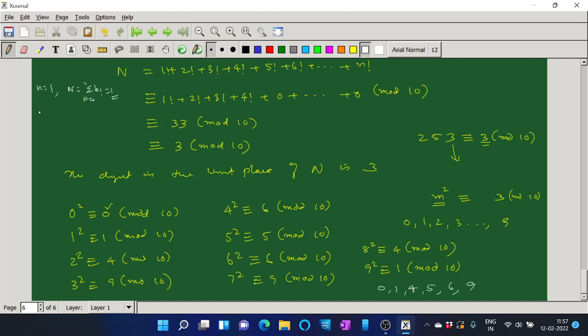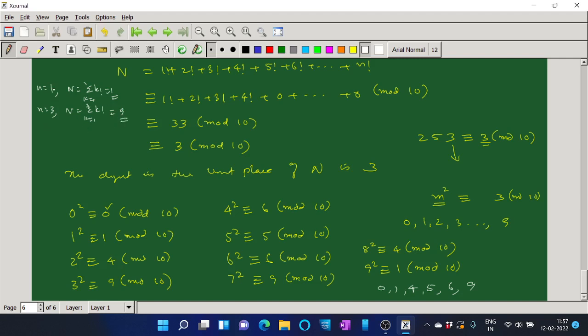When n equal to 3, sigma k factorial, k equal to 1 to 3, is 1 factorial plus 2 factorial plus 3 factorial, which is 9, and that is a perfect square.